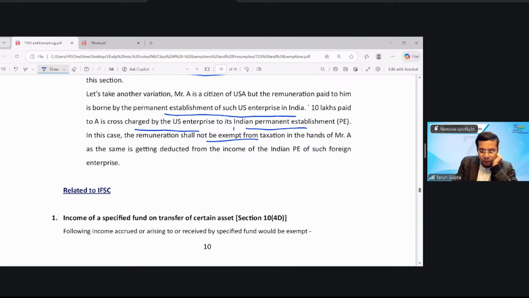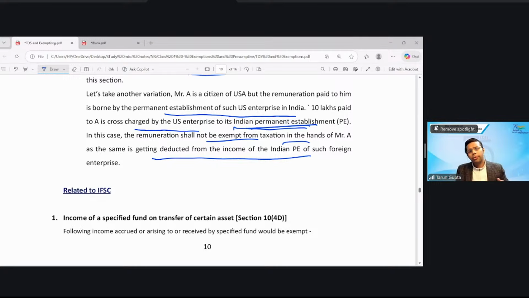See, it's cross-charged to the Indian PE, meaning thereby the Indian PE must be paying tax on Indian income on a net basis, and since the salary has been cross-charged to it, it will be claiming the salary as a deduction while computing its Indian taxable income. So even the third condition is not satisfied. In this case, the remuneration shall not be exempt from taxation in the hands of Mr. A, and the same is getting deducted from the income of the Indian PE of such foreign enterprise.